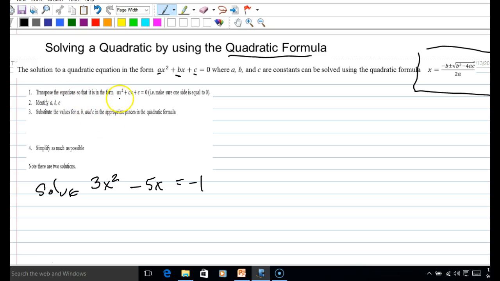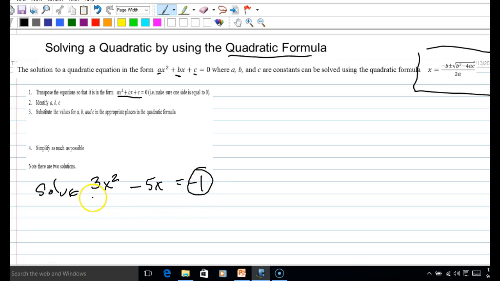So the first thing we need to note, the equation must be in the form ax squared plus bx plus c equal to 0. So I said solve the equation 3x squared minus 5x is equal to negative 1. Now notice this is not in the form ax squared plus bx plus c equal to 0. So I need to transpose the negative 1.